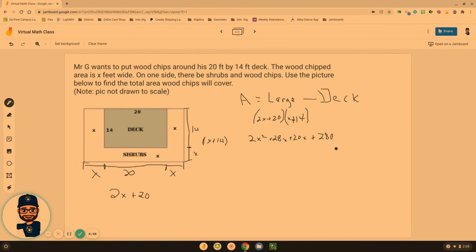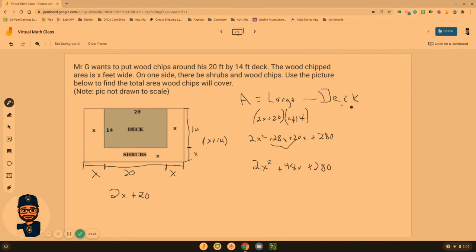Now we simplify. 2x squared, because there are no other x squareds, plus 28x and 20x, which we can combine to get 48x, plus that 280. So that's the area of the large white rectangle.